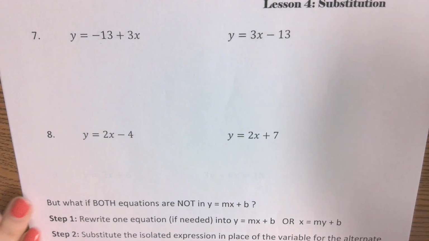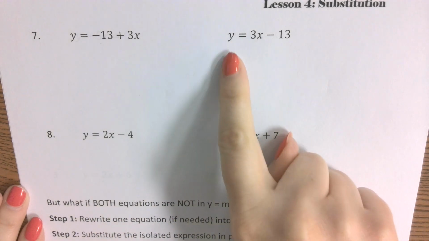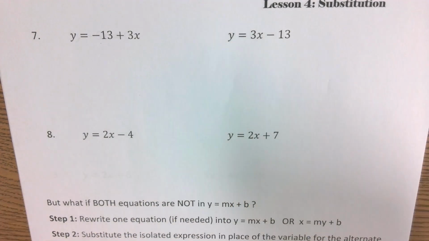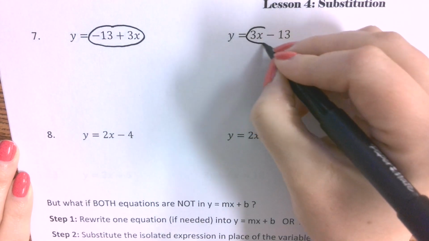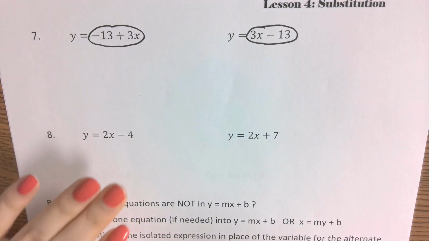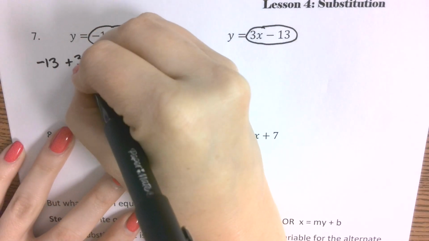Let me show you why. If you look at y is equal to negative 13 plus 3x and y is equal to 3x minus 13, if we set these equal to each other, we're going to notice that the x's are going to disappear.